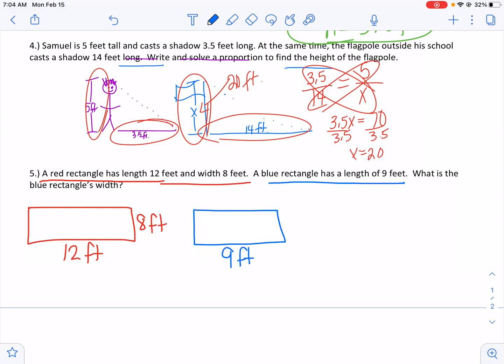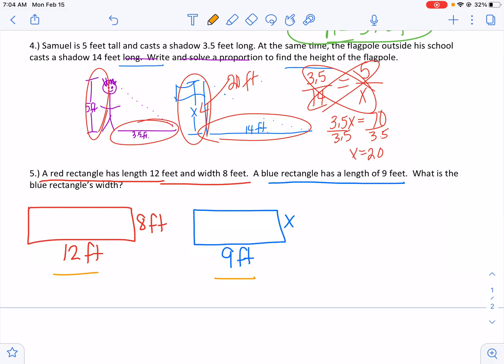We don't know. But we can use this idea of similar figures, because they're both rectangles, just different sizes, and set up a proportion. So I am going to actually do my blue rectangle to my red rectangle.